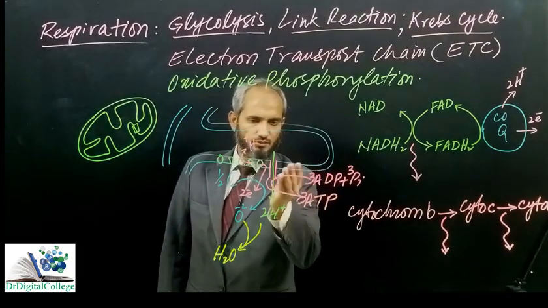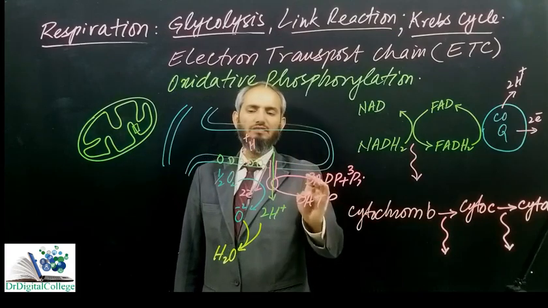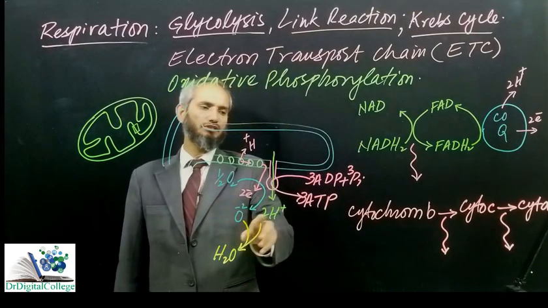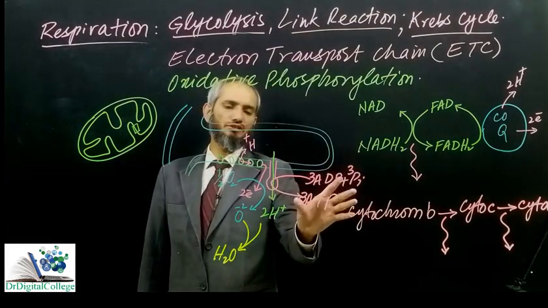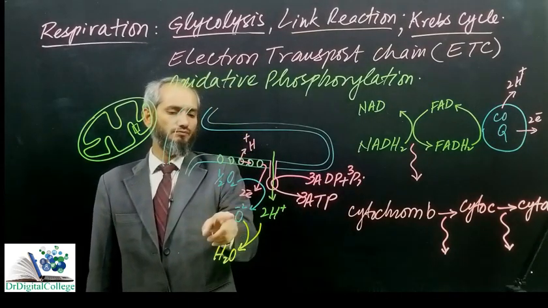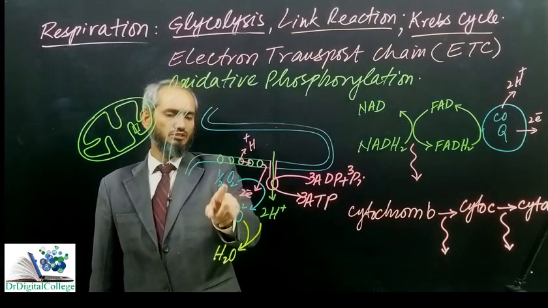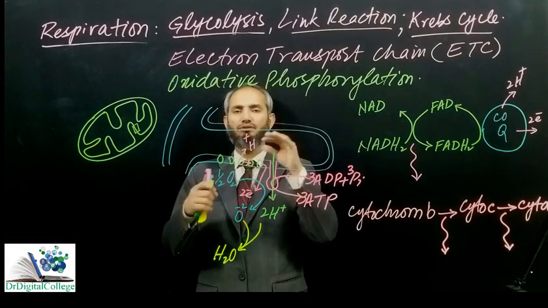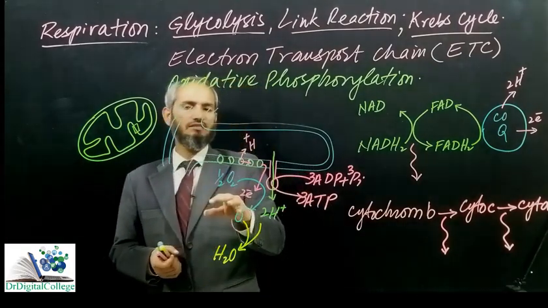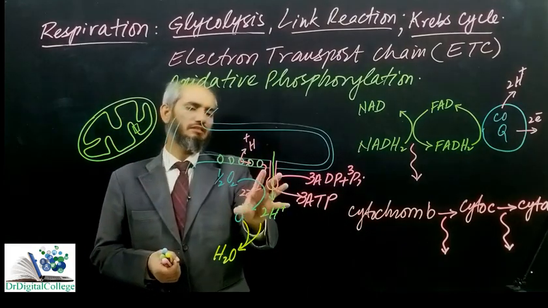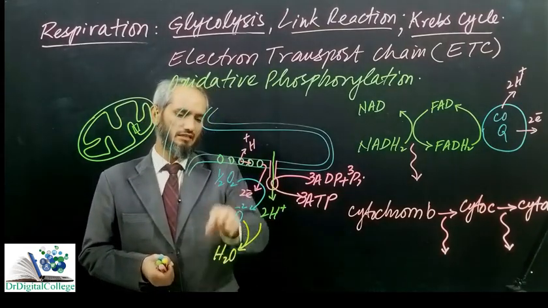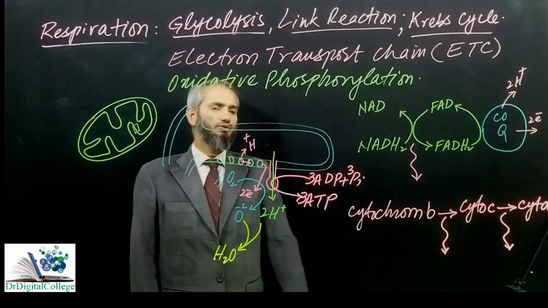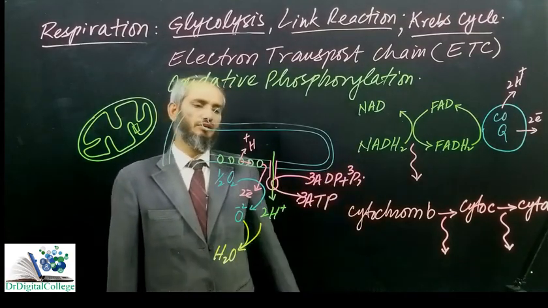The phosphorylation done here is called oxidative phosphorylation, because it is occurring in the presence of oxygen. The oxygen which we inhale goes through blood into the cells, and inside the mitochondria it is consumed like this and changed into water. So this is oxidative phosphorylation.